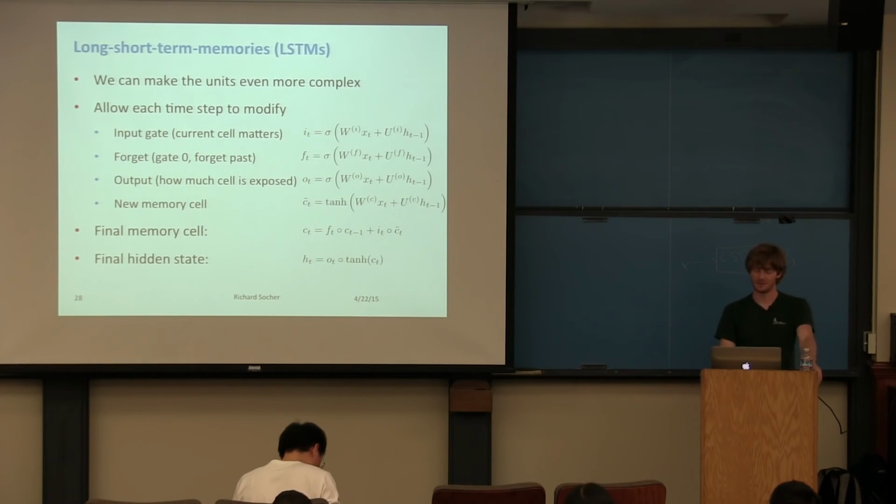Just keep them around. Usually this will depend on, like, if you want to actually predict a word, for instance, maybe you want to wait until you see the entire sequence and then you want to output only something. And so you basically want to force the model to not actually give the output of its hidden state or hidden memory. All right, so then this is somewhat similar to the GRU as well.